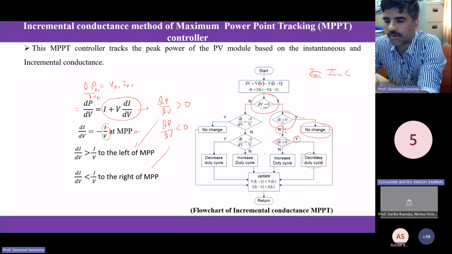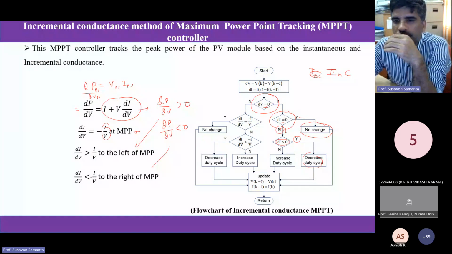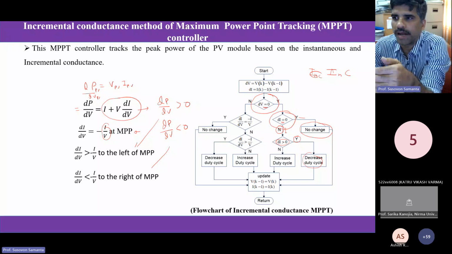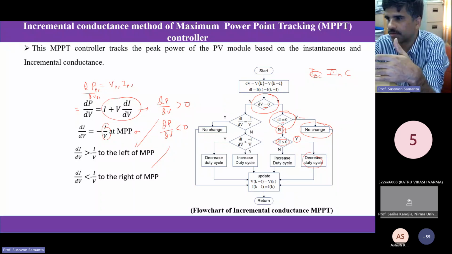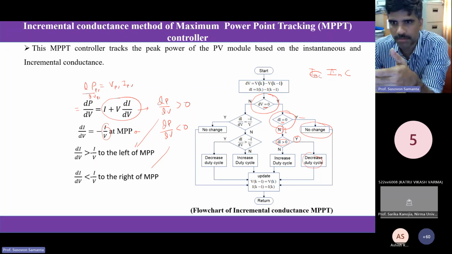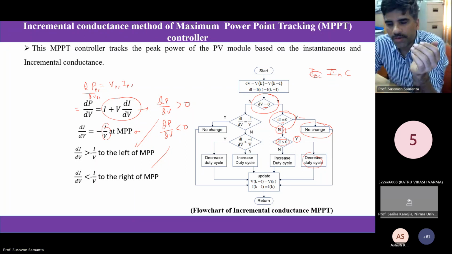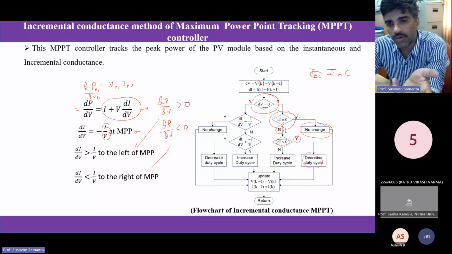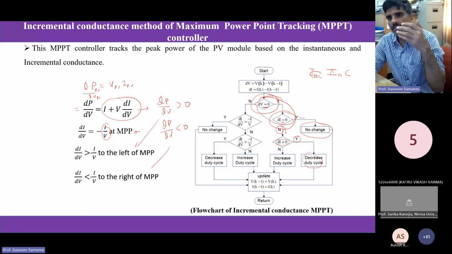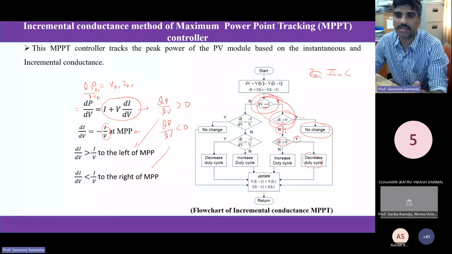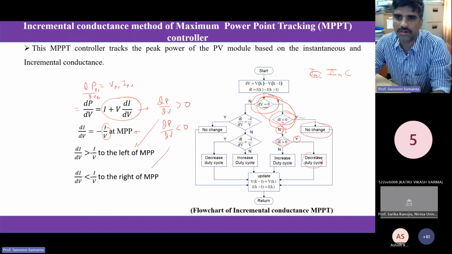Also, another point is, if you use a digital platform to implement your MPPT algorithm, rather than analog MPPT, you will never get a condition like dV equal to 0 or dI equal to 0. We have seen that these two conditions are never checked or satisfied.